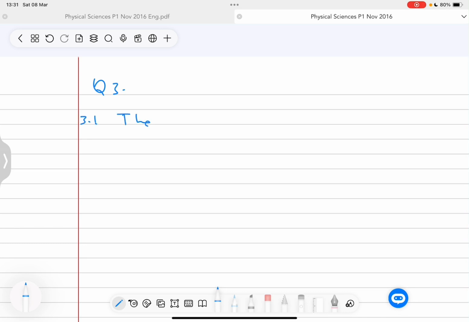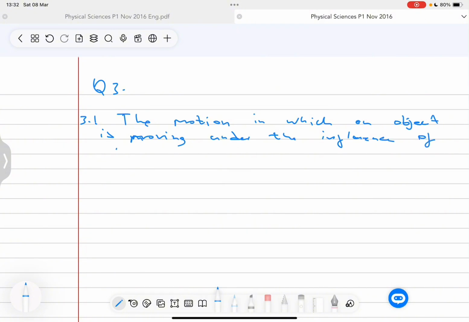So we'll say that free fall can be defined as the motion in which an object is moving under the influence of gravity alone. I mean, when there is no air resistance, an object basically will move under the influence of gravity alone.